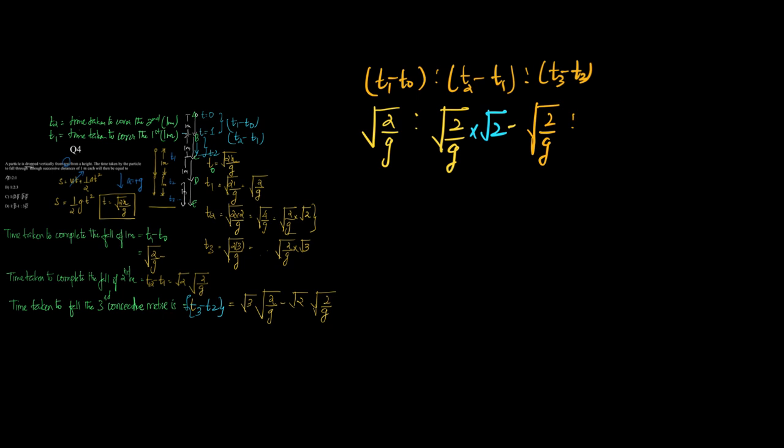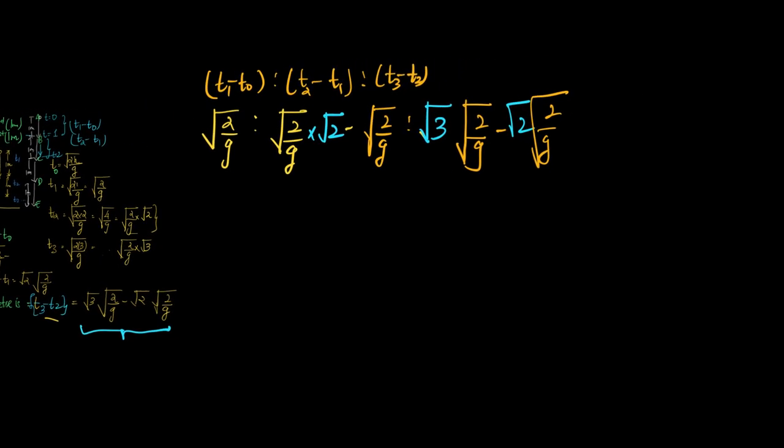T3 minus T2 is root 3 into root of 2 by g minus root 2 into root of 2 by g.